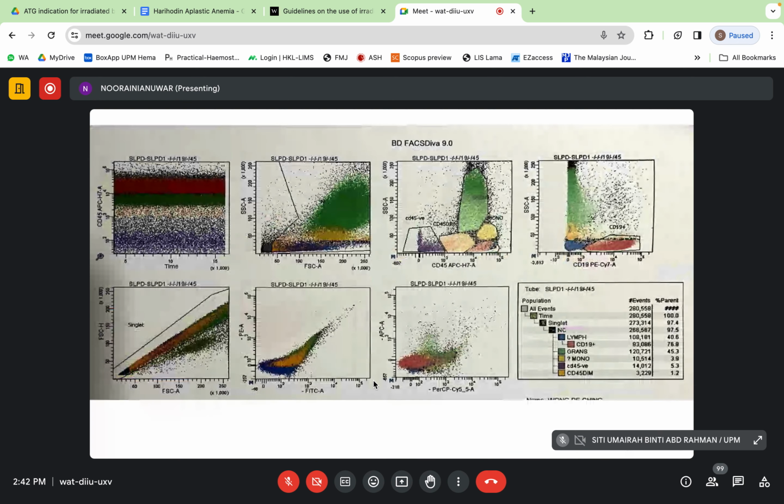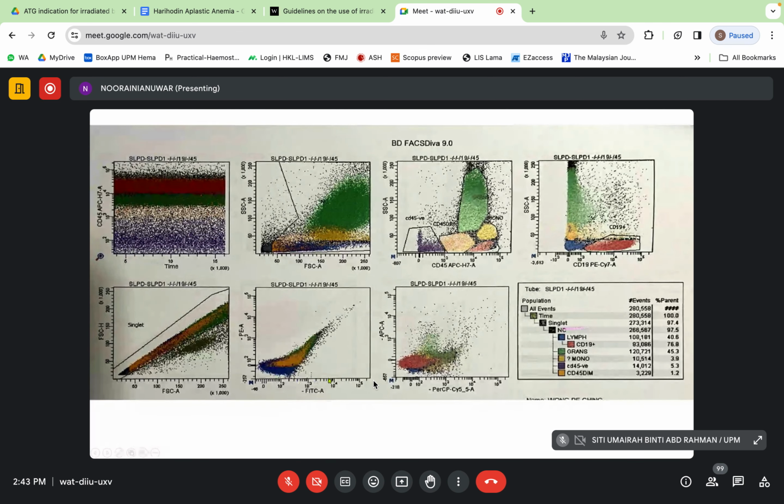So this is the flow cytometry performed on bone marrow aspirate. Our population of interest is gated at moderate to high, bright CD45 with low to moderate side scatter, and our population of interest is CD19 positive.